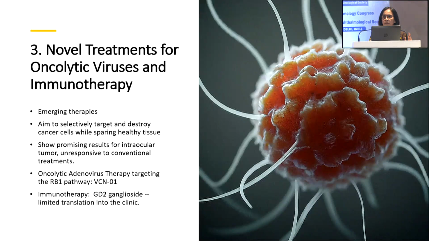I think yesterday a speaker reported this in one session. And the other modality is immunotherapy, GD2 ganglioside, but this is still in limited translation before we apply it into clinical practice.